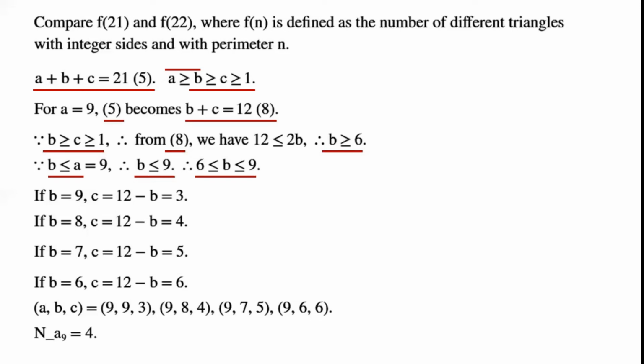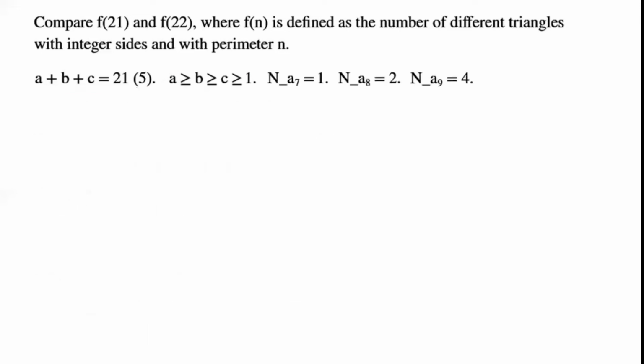So the number of triangles with largest side 9 equals 4.